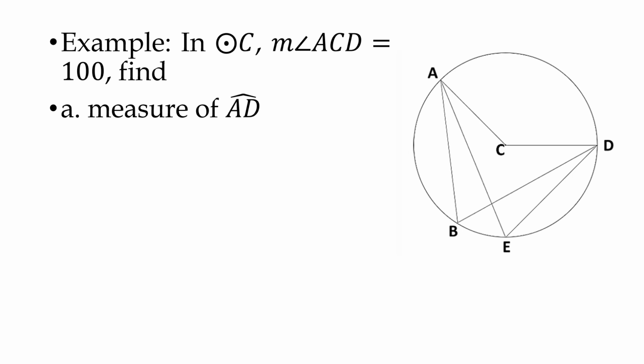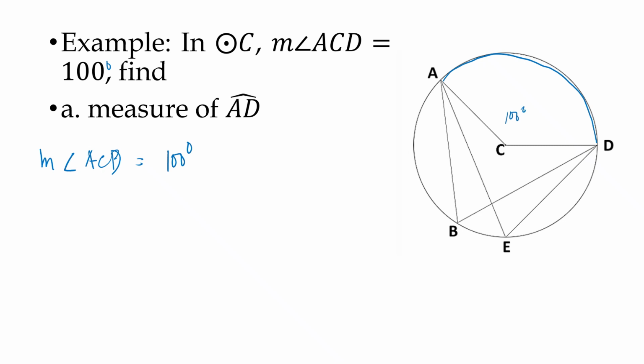First, let us determine the measure of arc AD. It is given that the measure of angle ACD is equal to 100 degrees. Arc AD is intercepted by angle ACD, which is a central angle.